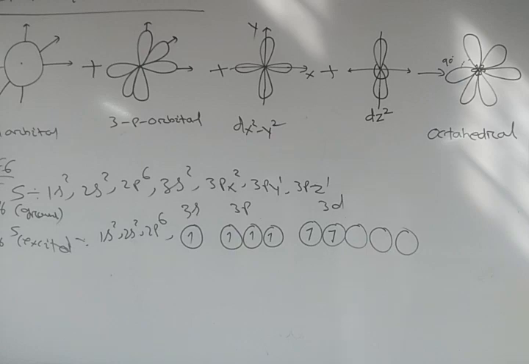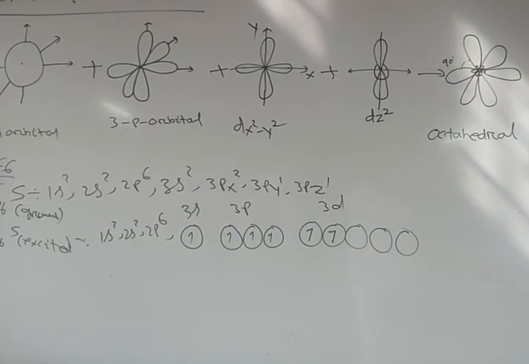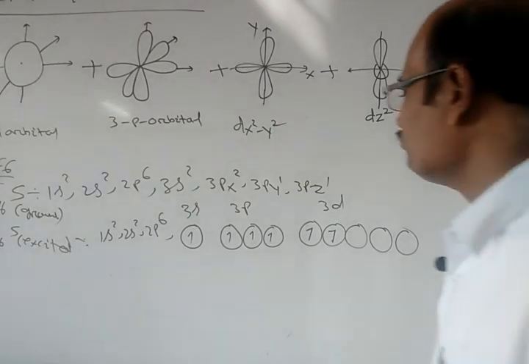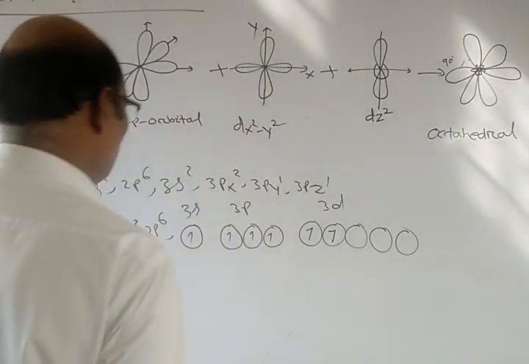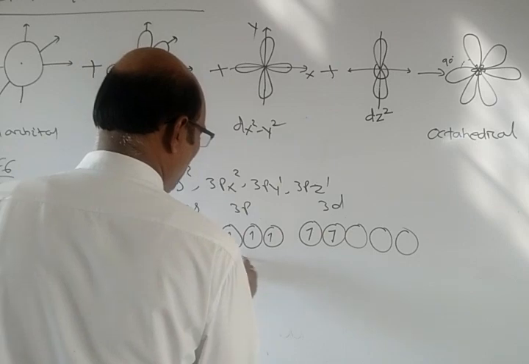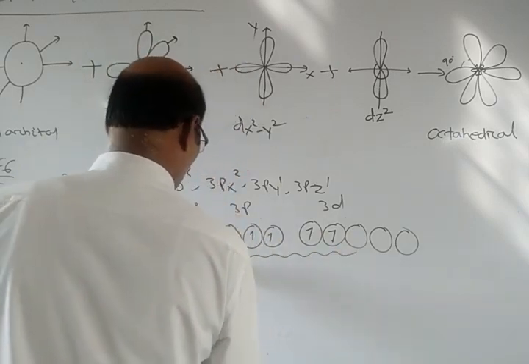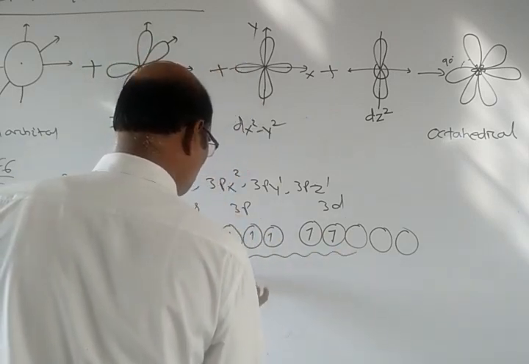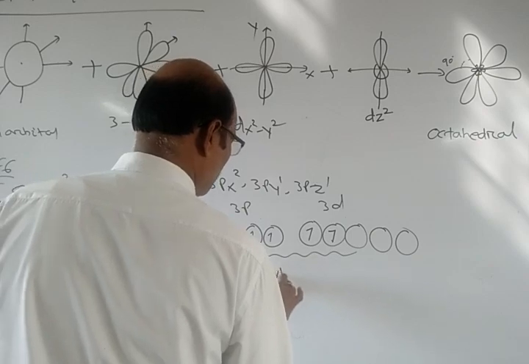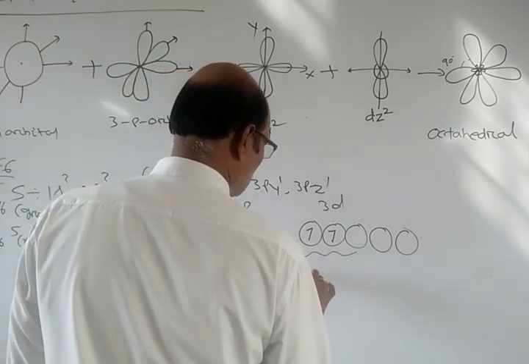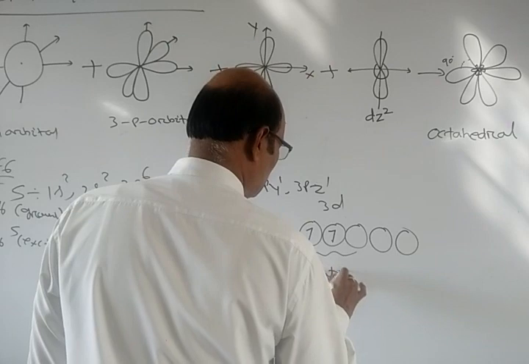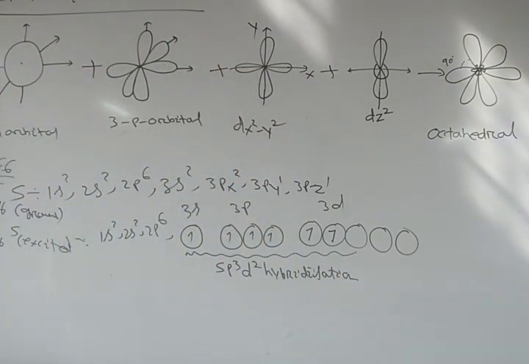In this way the sulfur will get excited. So we have sp3d2 hybridization.